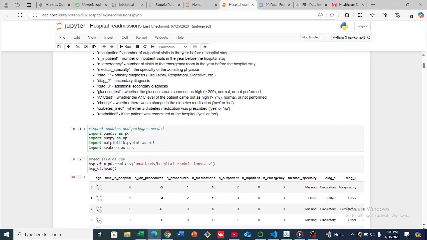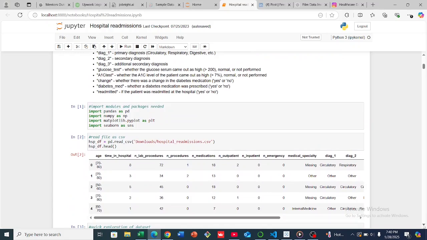The next thing I did was to import the modules and packages I'll be needing to tackle our problem. The first thing I did was to import pandas as pd. I also imported numpy as np, matplotlib.pyplot as plt, and seaborn as sns. I'll be using those two libraries to create visualizations for our data.